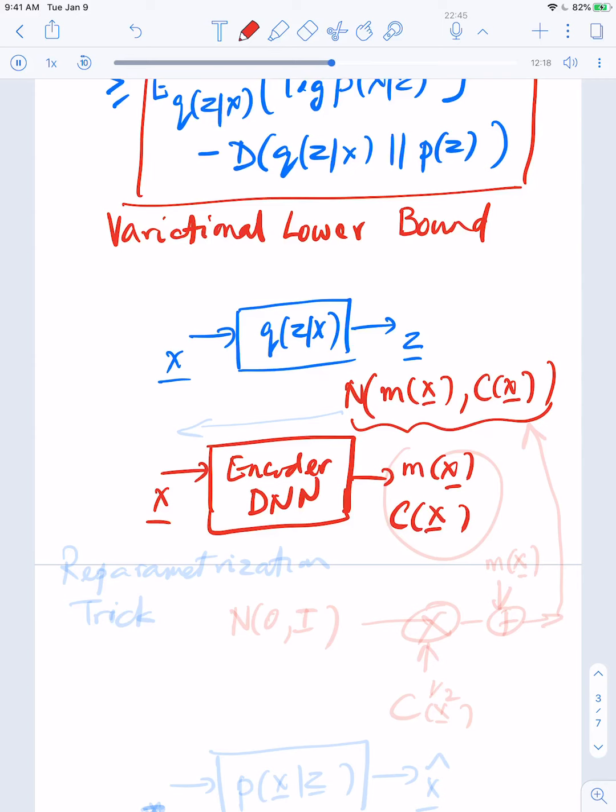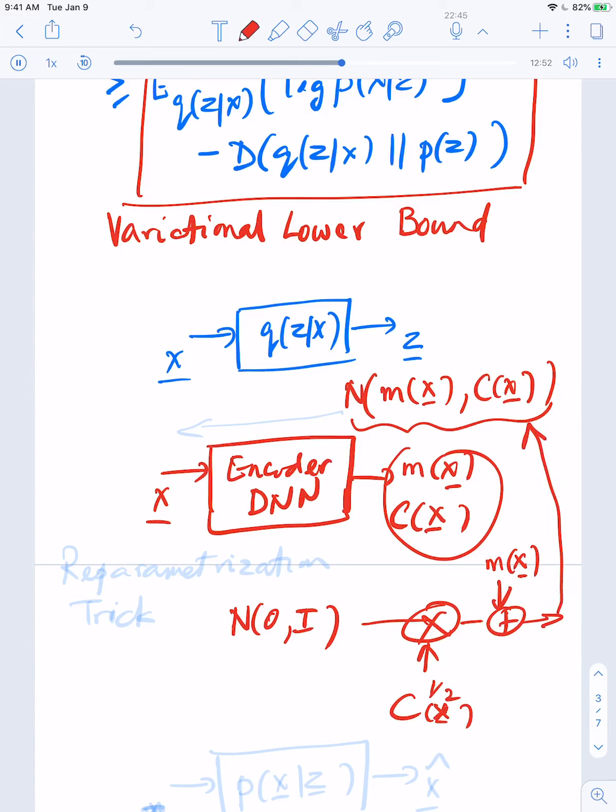So that's the first part of it. You basically assume a tractable thing. Once you have that, if you give me Gaussian 0, I random vectors, I can take these and multiply by C to the half, and add M of X to it, and generate something like this.